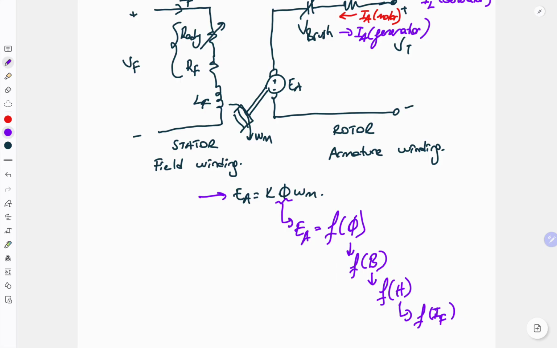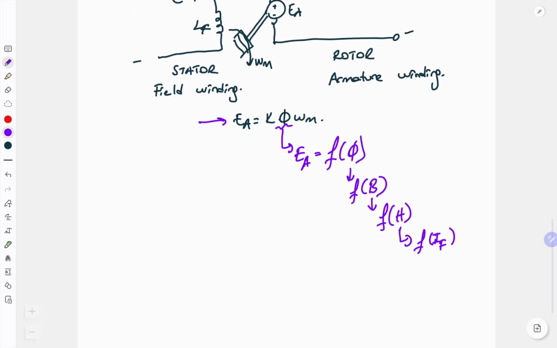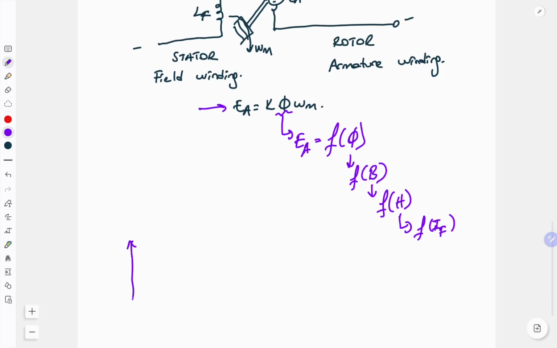So briefly, we can say EA will be a function of IF when we combine all the constants. And when we examine its characteristics, we have a classical magnetization curve.